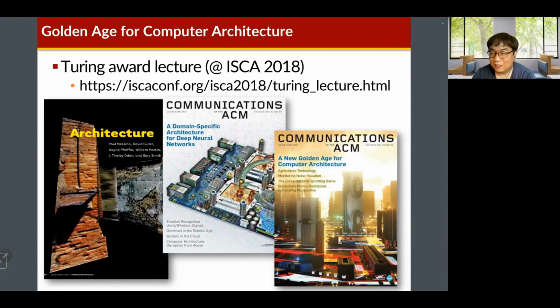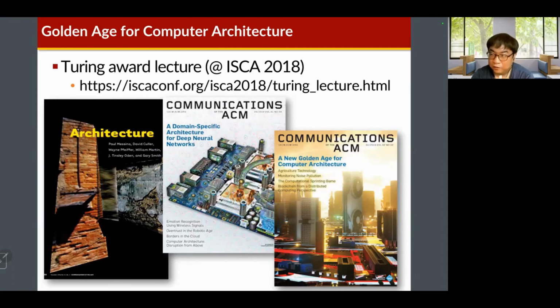Okay, so this is a very famous award. The authors of the textbook, David Patterson and John Hennessy, received the Turing Award in 2018, and they presented a lecture, and in their lecture they mentioned the golden age for computer architecture.